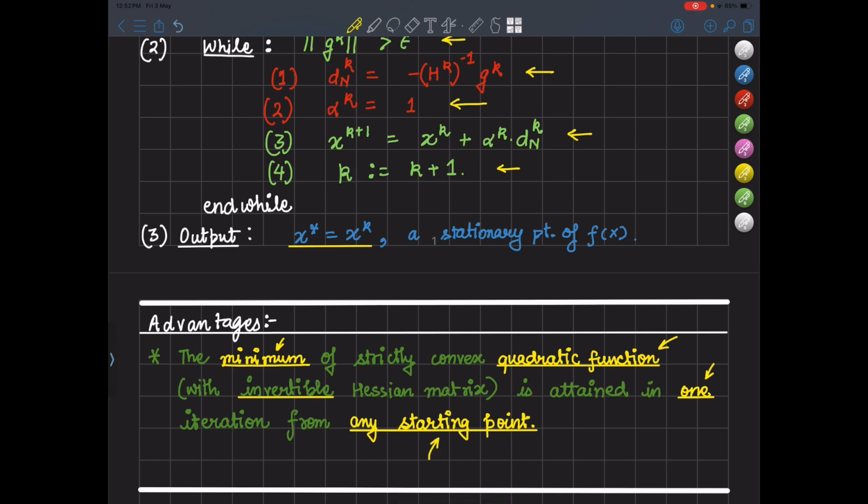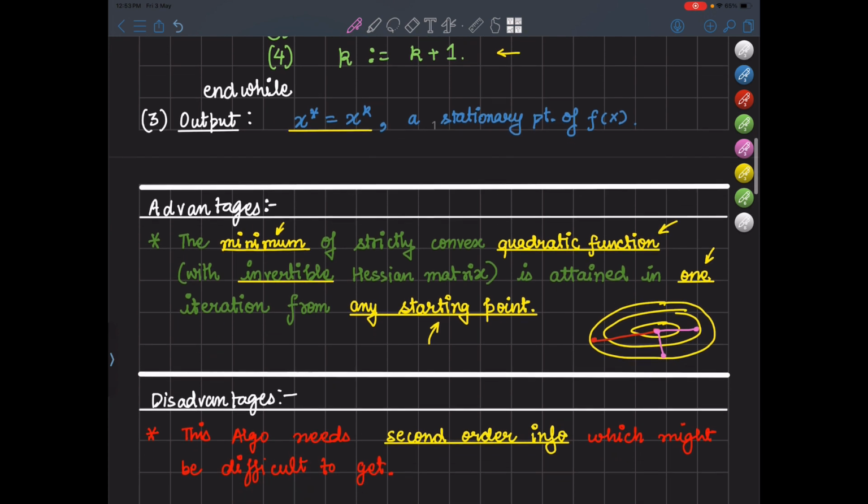You start from any starting point. So let's say this is a convex function, and you start from any initial point. If these conditions are satisfied, you'll reach the minimum in one step. If you use exact line search, of course, you reach the minimum in one step. This is an advantage, as we saw for steepest descent method, it might take a lot of steps depending upon which initial condition you are taking.